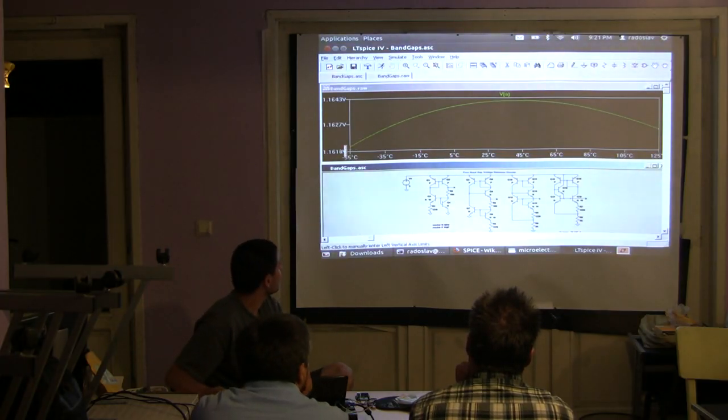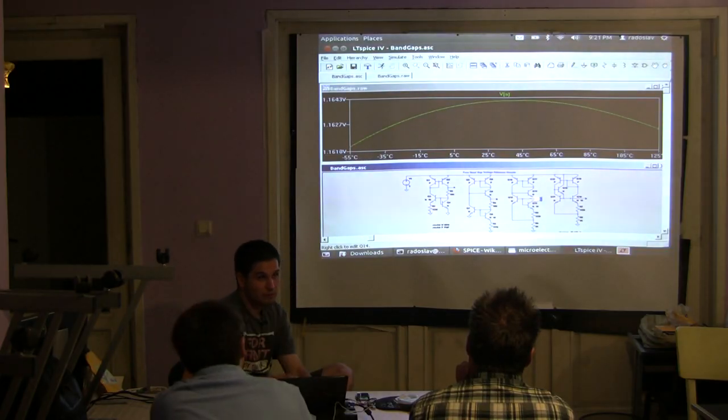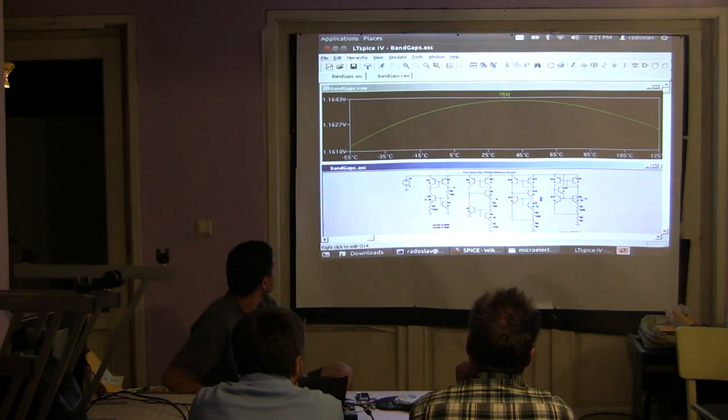So these band gaps are used for voltage reference, and here the difference is at the third digit after the point.